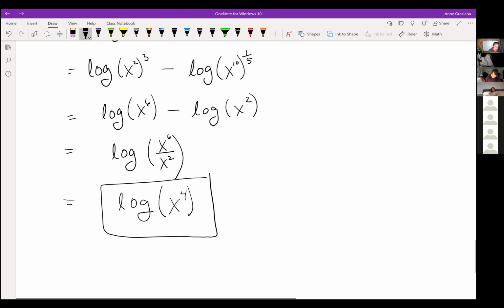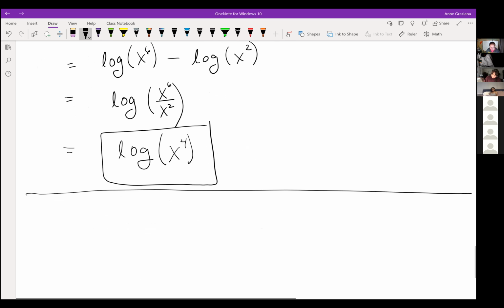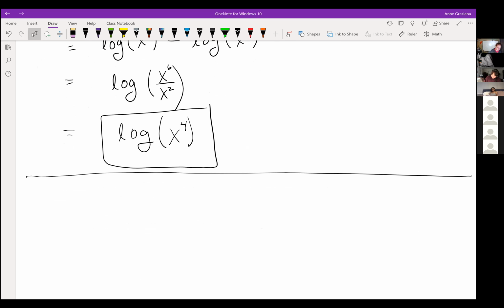All right. Now, we're going to use these properties with numbers, and I'm also going to give you approximations for things. So here's an example. Use the approximate values, and I do not, repeat, do not use a calculator for this. You have to figure out how to do this without a calculator.